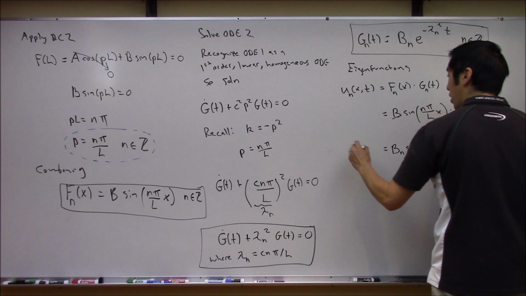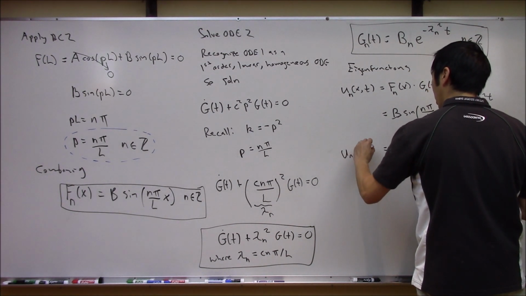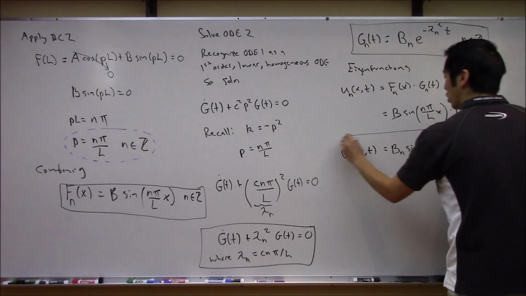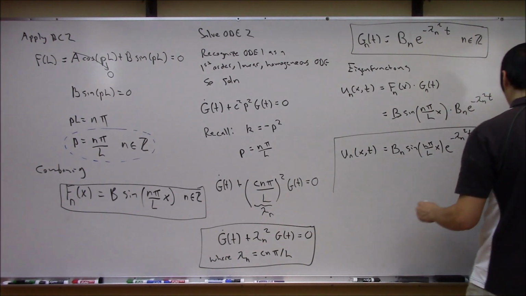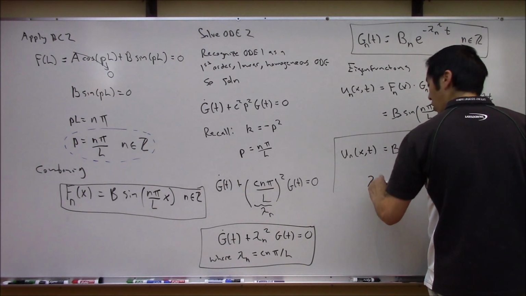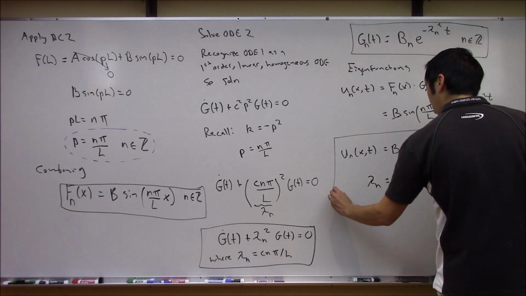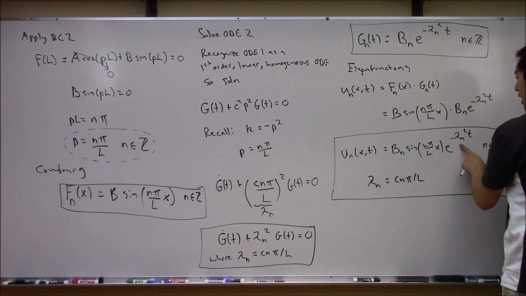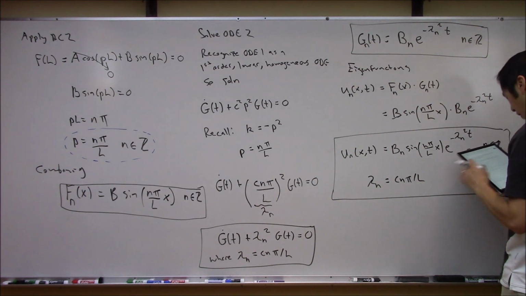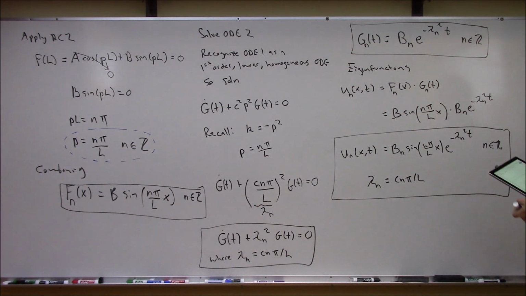Here's our eigenfunction, with an eigenvalue lambda n, which we said earlier was cn pi over L. So we've got our eigenfunctions and our eigenvalues, and I think we're pretty much ready to go.